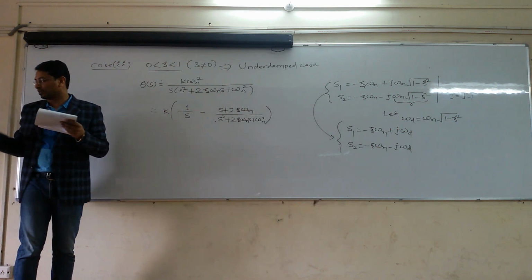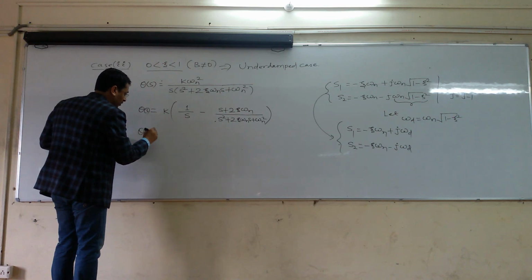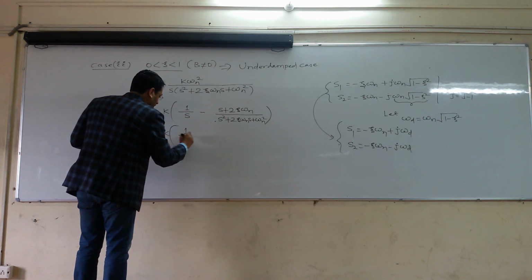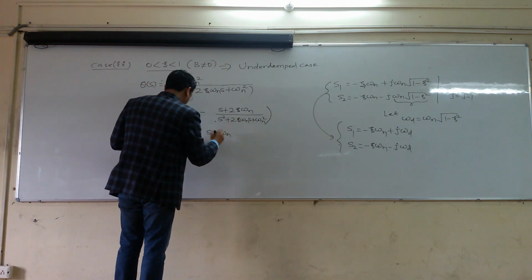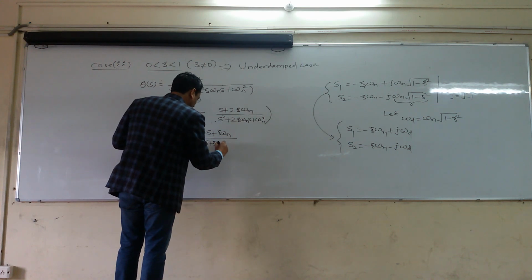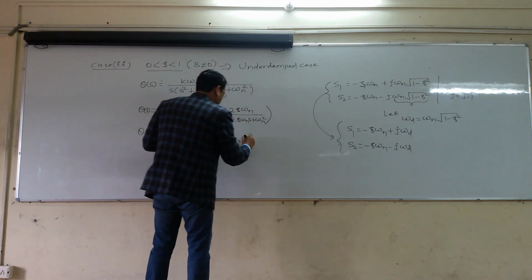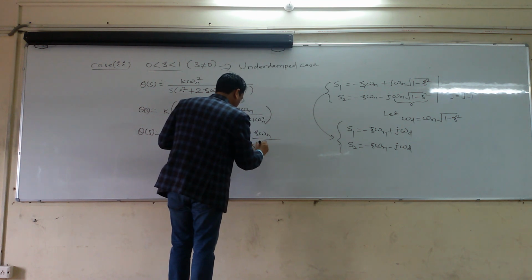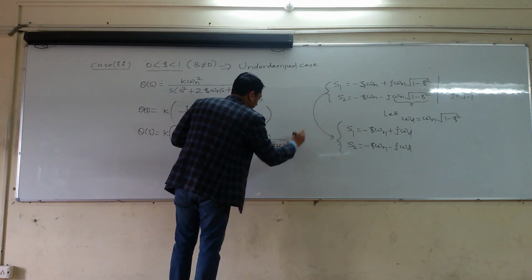Theta s is equal to this. Equivalently, you can say theta s will be equal to k times 1 upon s minus (s plus zeta omega n) divided by ((s plus zeta omega n) square plus omega d square) minus zeta omega n divided by ((s plus zeta omega n) square plus omega d square).